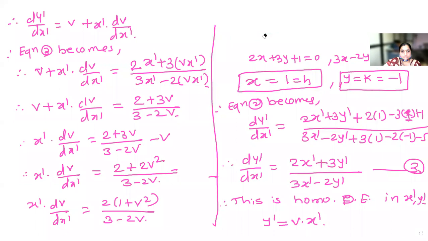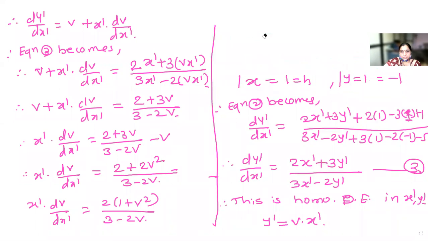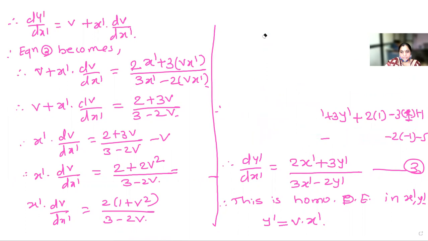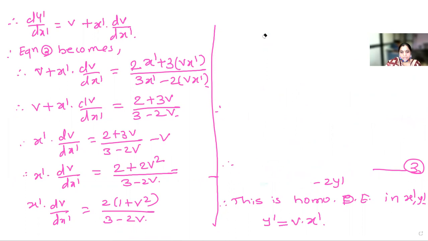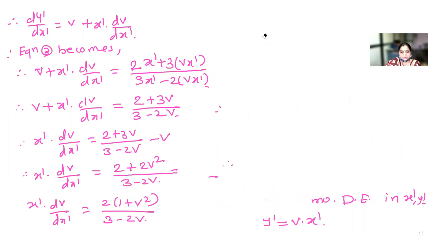So while solving the non-homogeneous differential equation, we require two types of substitution. Firstly, if the ratio a upon a dash is not equal to b upon b dash, then we put x is equal to x dash plus h, y is equal to y dash plus k, and afterwards the non-homogeneous differential equation is converted into a homogeneous differential equation.